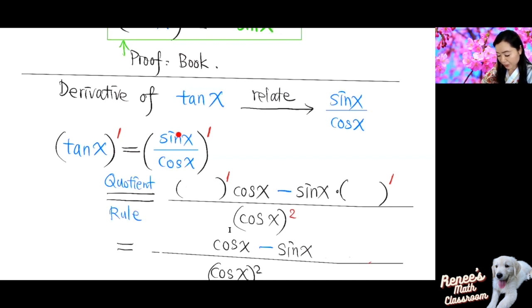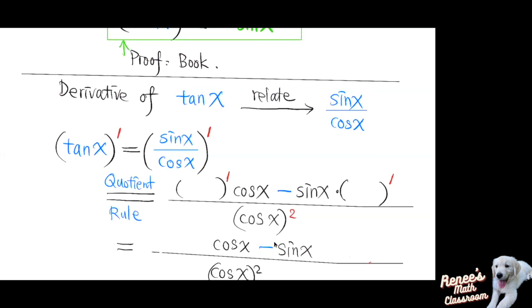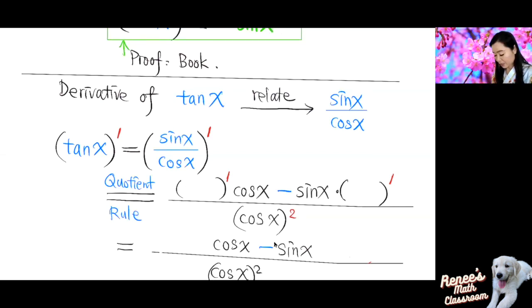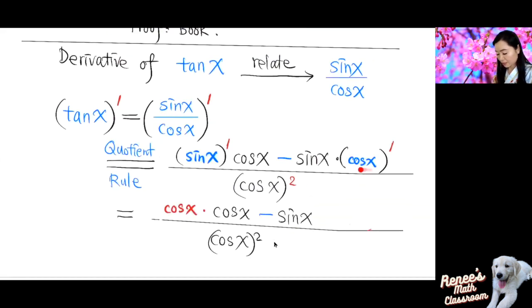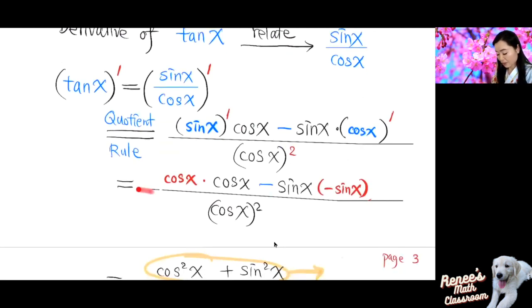If you know the answer, you can shout it out. The duality of sine x is cosine x, and then times this cosine x over here, minus sine x times the duality of cosine x, which is what? Negative sine x, right? Okay. And then all of this over the square of cosine x.